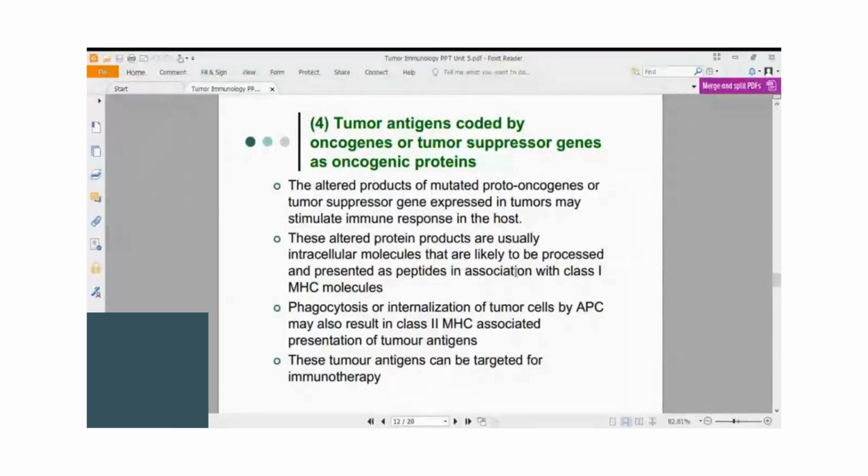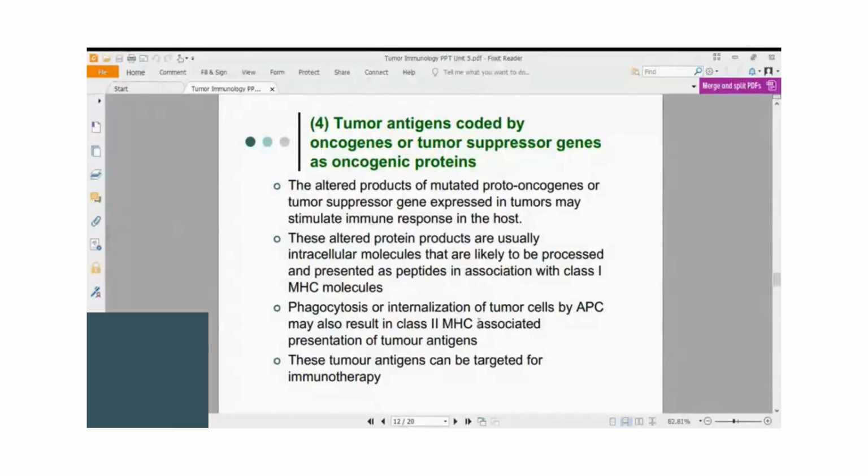Generally, they are presented on class 1 MHC, but occasionally they will get presented on class 2 MHC by the antigen presenting cells. Once it presents on class 2 MHC, the T cells, that is T4 cells, are going to be kept active against the tumor to produce a lot of cytokines which are responsible for the destruction of the tumor.